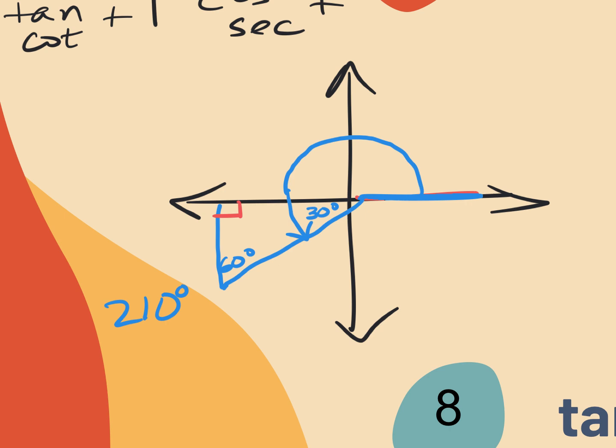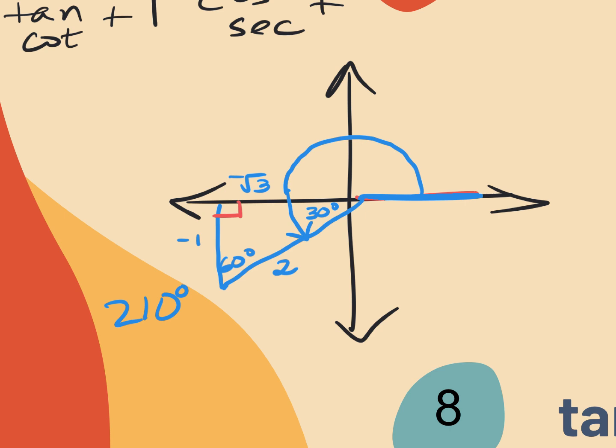And now I'm going to label my sides. So the side across from 30 is 1. The side across from 60 is the square root of 3. And then the hypotenuse, or this terminal side of the angle, is a 2. Now remember, in quadrant 3, the signs on my ordered pair are negative, negative. So this would be a -1 and a negative square root 3. That hypotenuse, that 2, will always be positive.